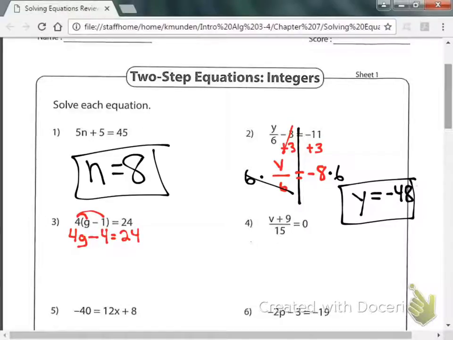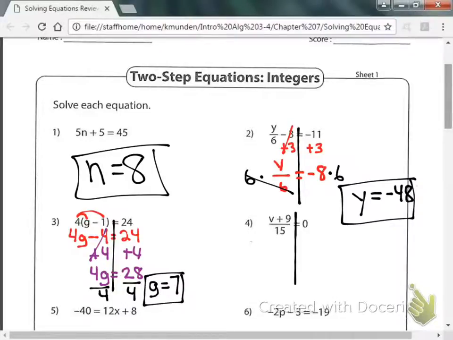Now we undo the subtracting 4. How do you undo subtracting 4? Add 4. Good. So I have 4g equals 28. How do you undo multiplying by 4? Divide by 4. When you divide both sides by 4, you get g equals 7.